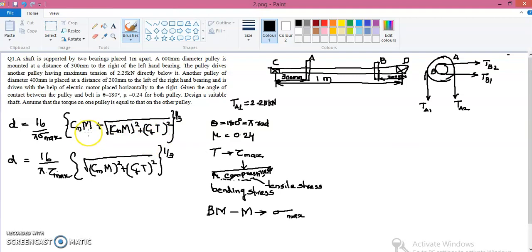All these other values, that is the bending moment M and the torque T, this we have to find out. So these are the data we are having, and we will see how to find out the bending moment and the twisting moment, that is torque.